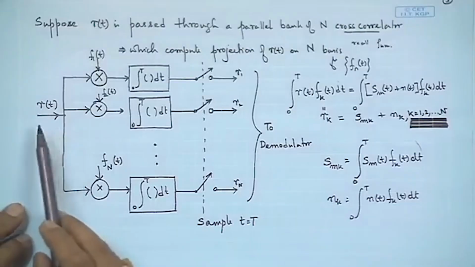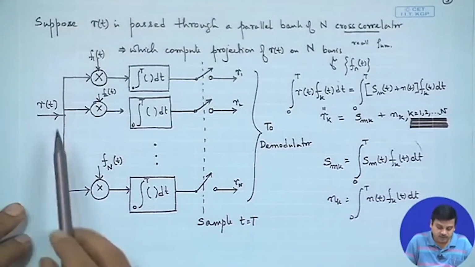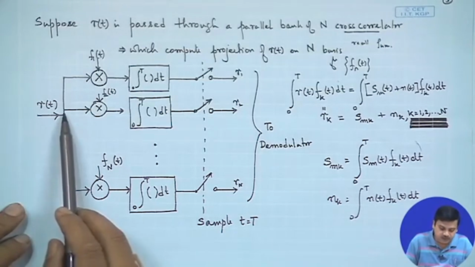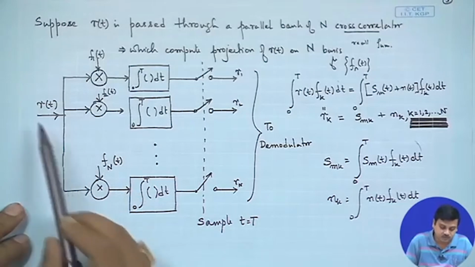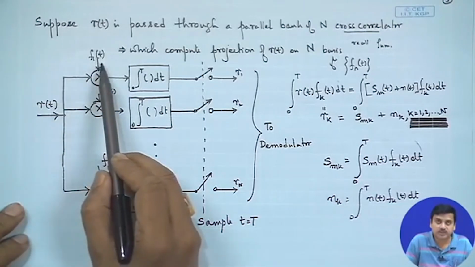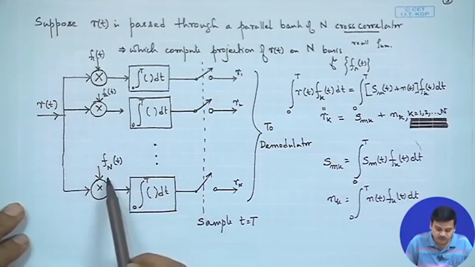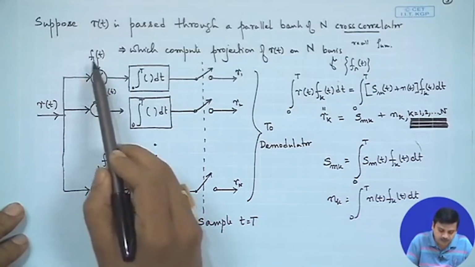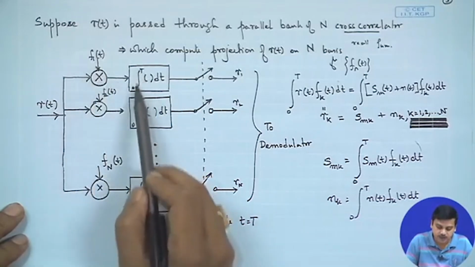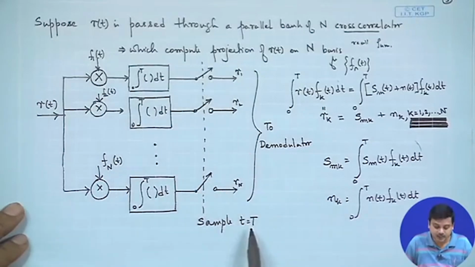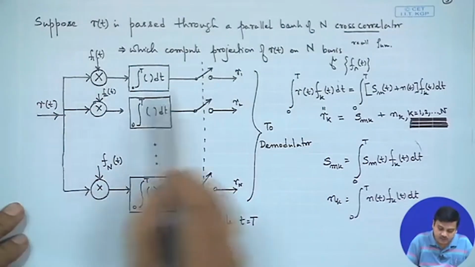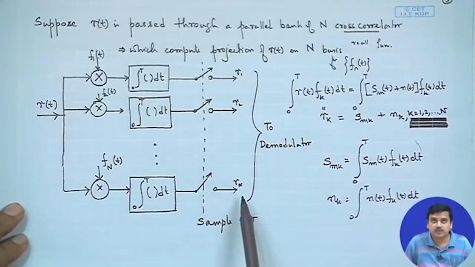So, this is the structure that we had, where we explained that the received signal is passed through a parallel bank of correlators, where the received signal was projected onto the basis functions. Projection means you multiply with the basis function, integrate from 0 to T, and sample it at t equals capital T. The end result was the received signal components.